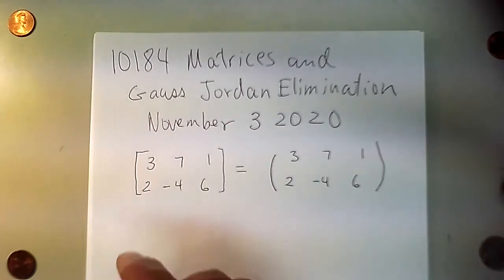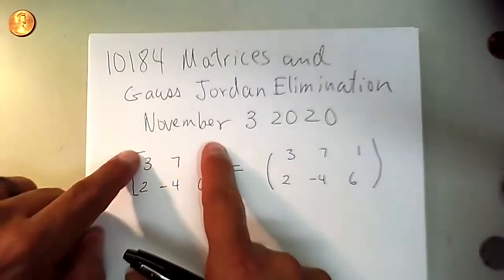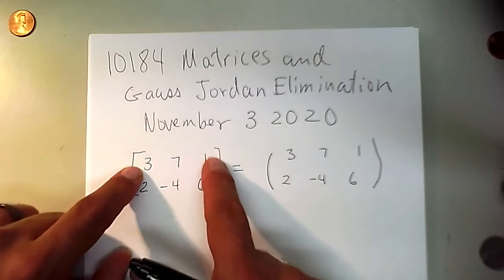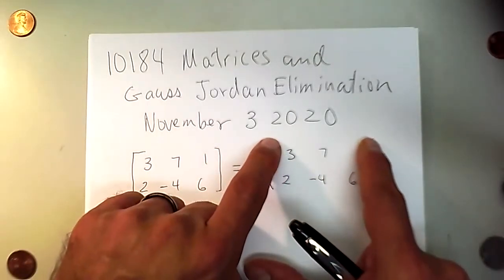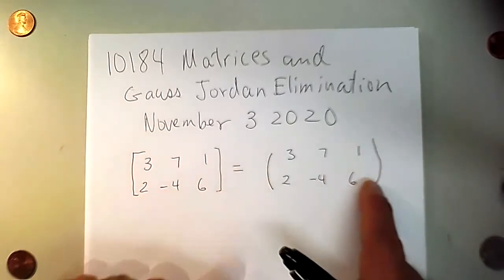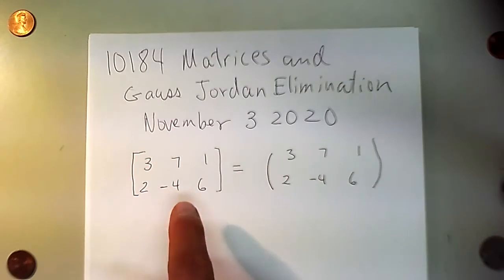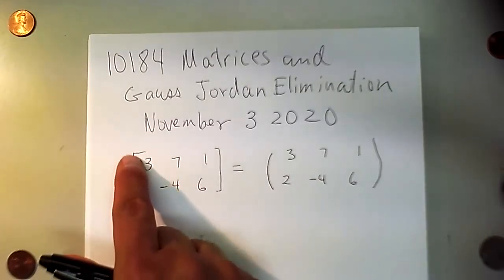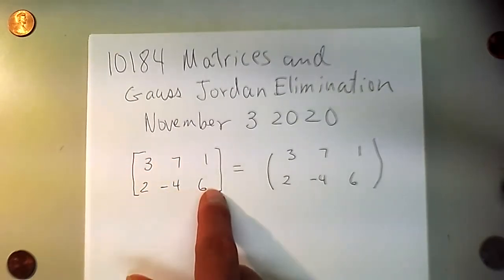So we do use some kind of grouping symbol. Typically, most people, I would say, use the square bracket, but a lot of people also use the round parenthesis. And the size or the dimension of the matrix is always given by first providing the number of rows and then the number of columns.